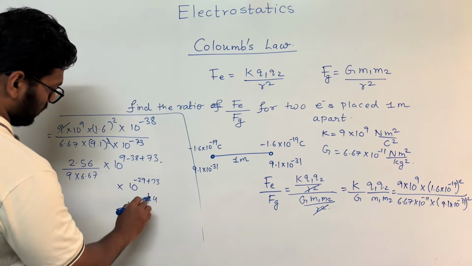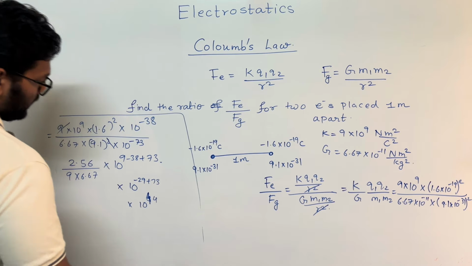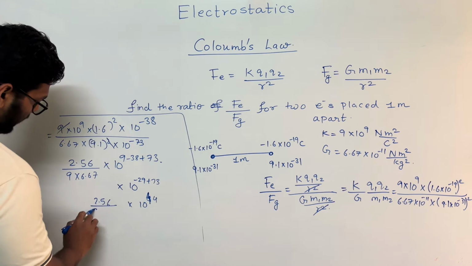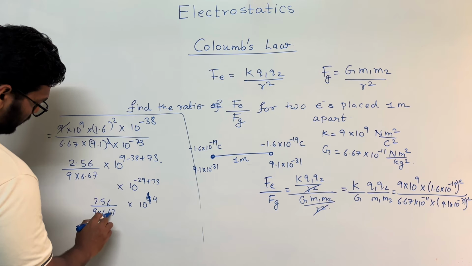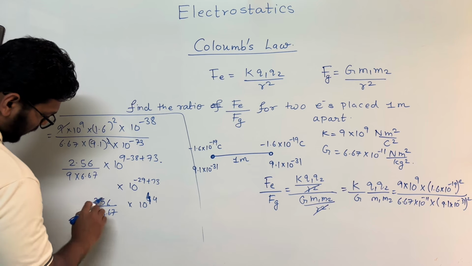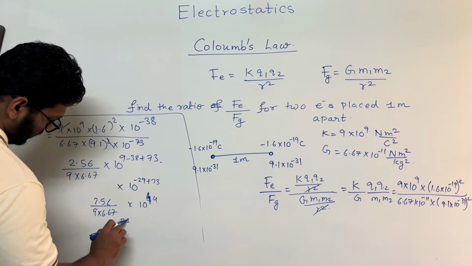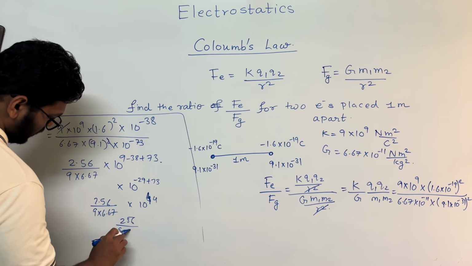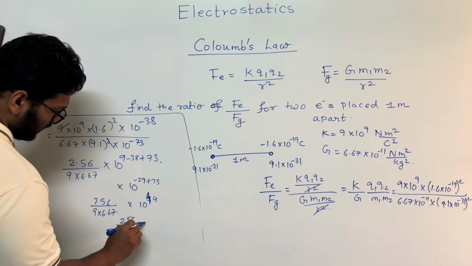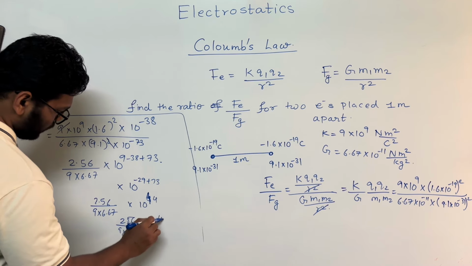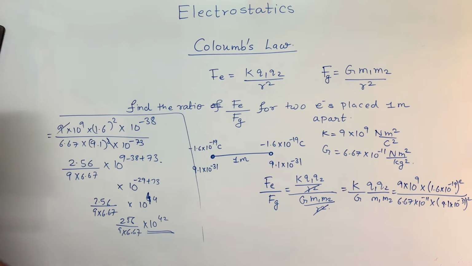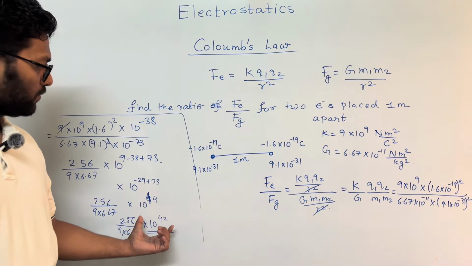It will be 44. 10 to the power 44, and this is 2.56 upon 9 into 6.67. Okay, if I multiply by 100 on this, it will be 256 upon 9 into 6.67. I will get some value, into 10 to the power 42. See, what I am interested in is only the order of magnitude. Okay, the order of magnitude is 10 to the power 42.